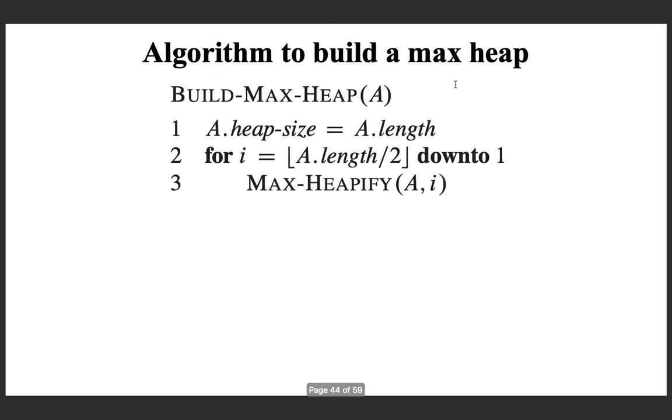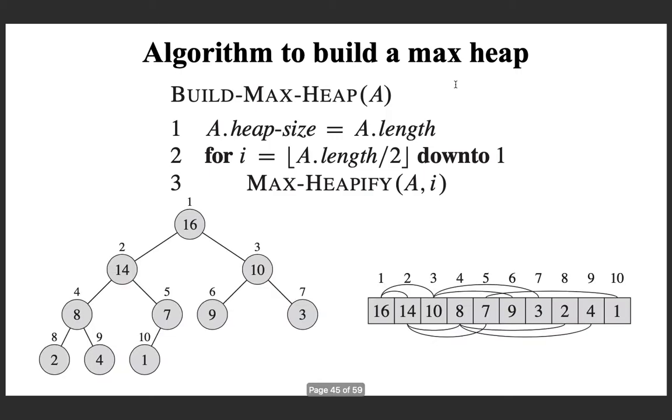Now we are going to look at a procedure or algorithm to build a max heap, and this is the algorithm I am directly giving. And if you look at any heap, when I say heap, that may not be a max heap. Given this, you can look at the indices.